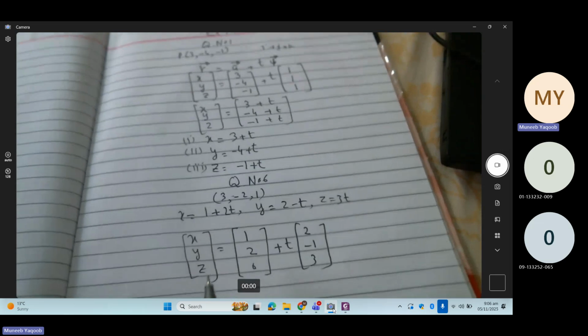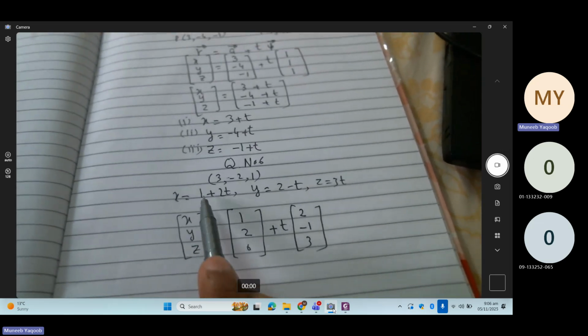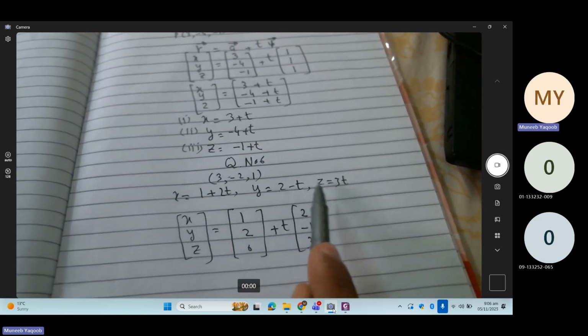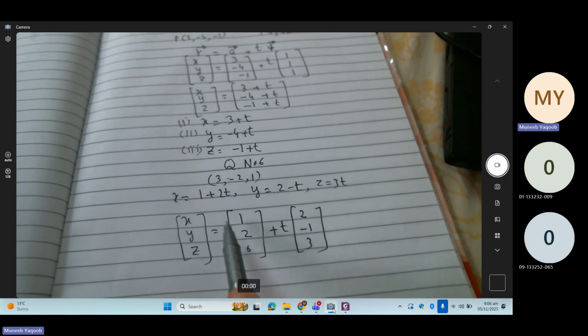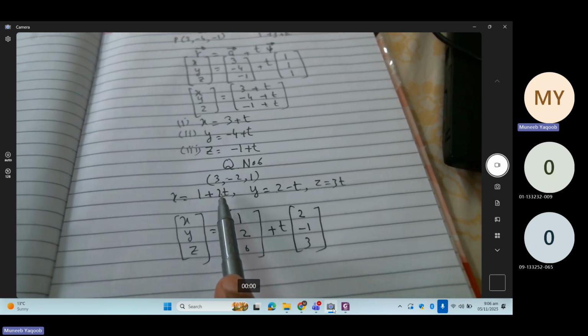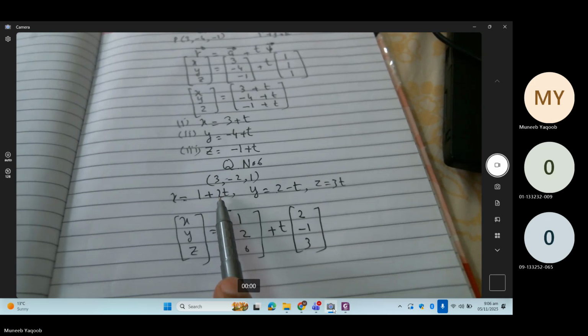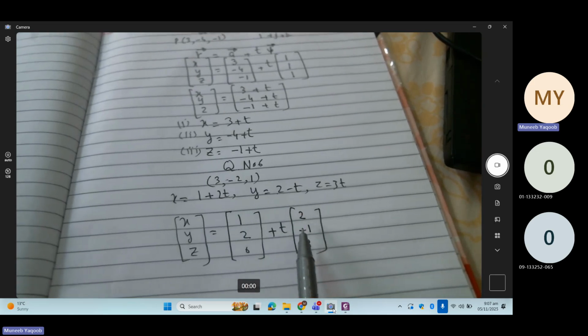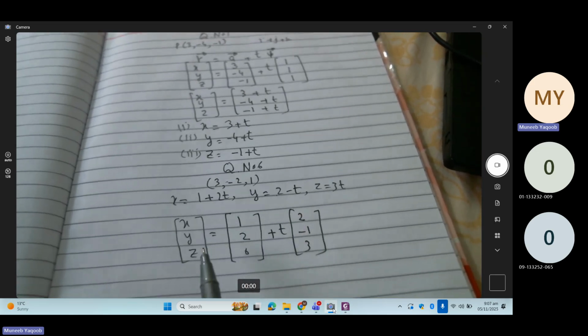You can see that I took (1, 2, 0) as the point from where the given line is passing, and the coefficients of the parameter t are serving as the direction vector of the given line.